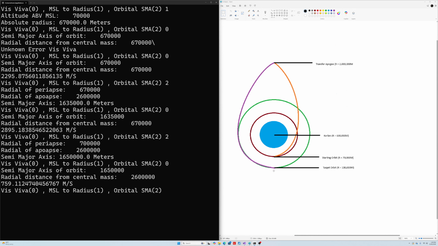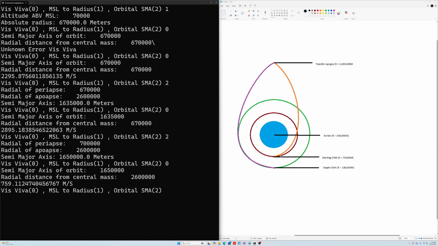Retrospectively, I've neglected to calculate the velocity that we would have approaching our apogee. I greatly apologize for that. We are going to do that now. It's very simple. We just pass the semi-major axis of our first transfer orbit at the radial of its apogee.